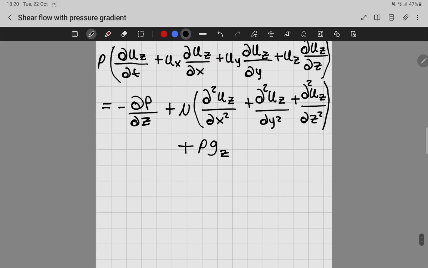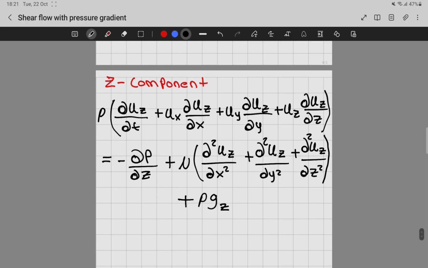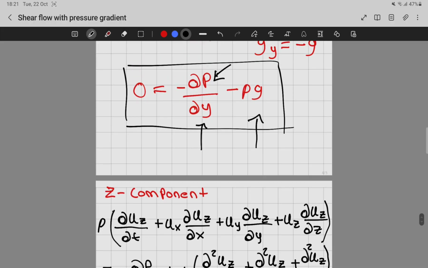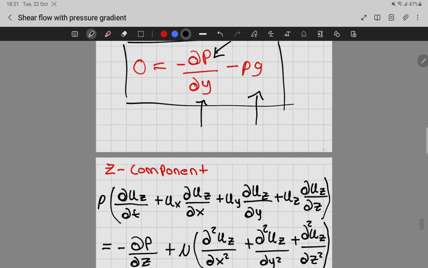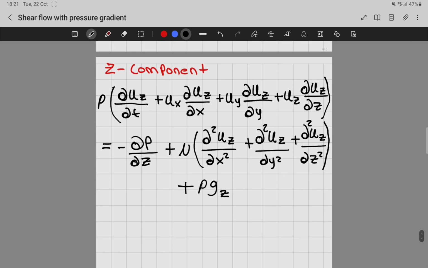So now let's solve the z component. I also just want to say that yes, this is a pressure balance in the vertical direction. But now let's go back to the z component. Again, this is even easier because the majority of the terms are going to be 0, because uz is going to be 0, so this is 0, 0, 0.